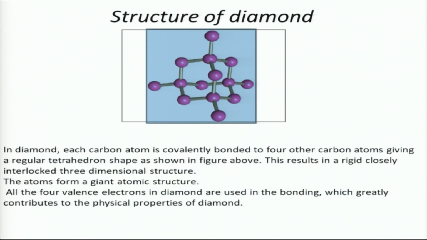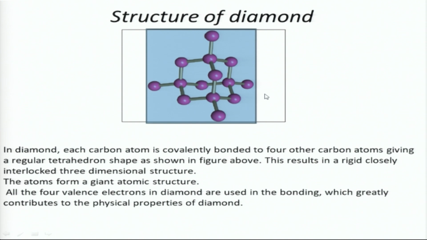So in diamond, these things you see here, these ones are representing carbon, all right? So they are saying in a diamond, each carbon atom is covalently bonded to 4 other carbon atoms. One carbon is covalently bonded to 4 other carbons.